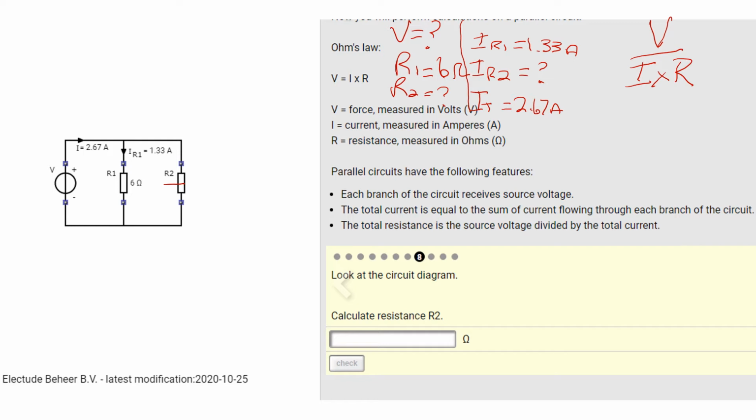The total current is equal to the sum of the current flowing through each branch of the circuit. So if I subtract this from this, I'll get what the amperage is on this one. Okay.